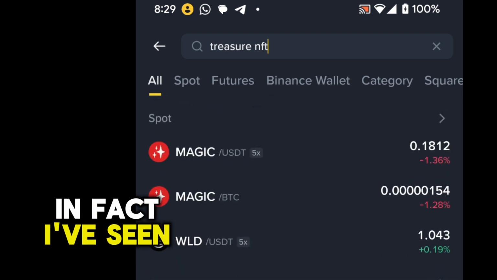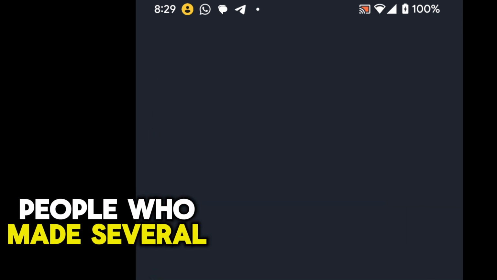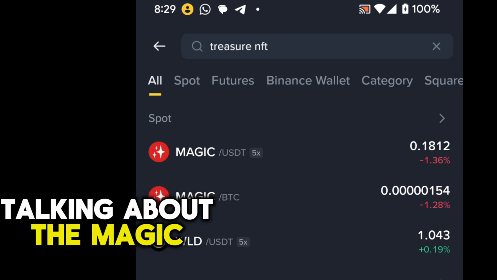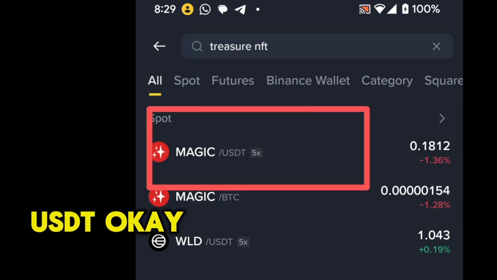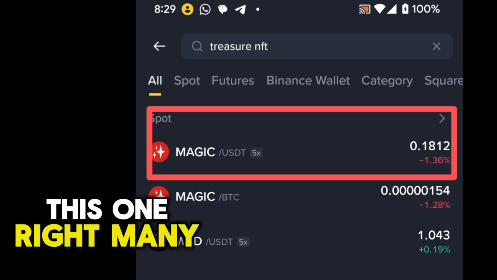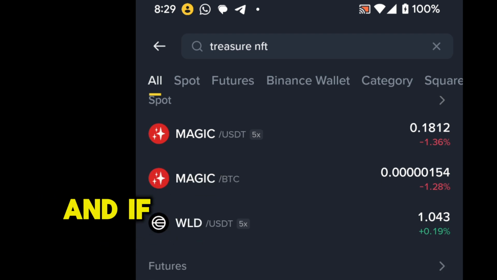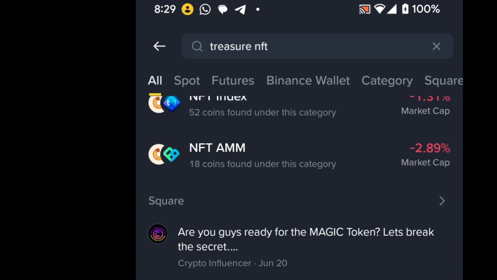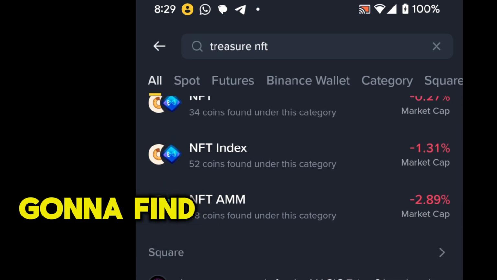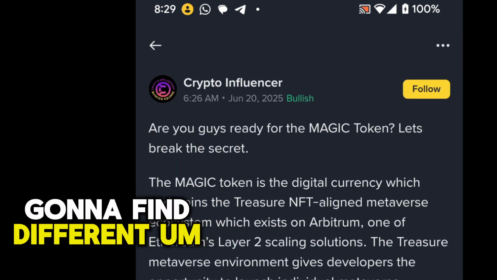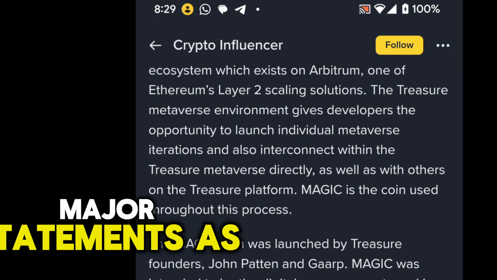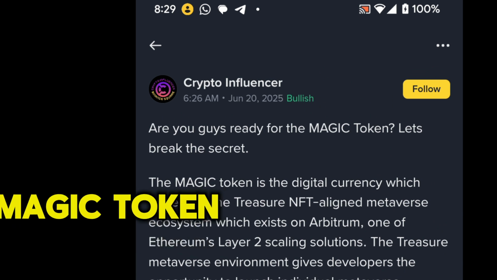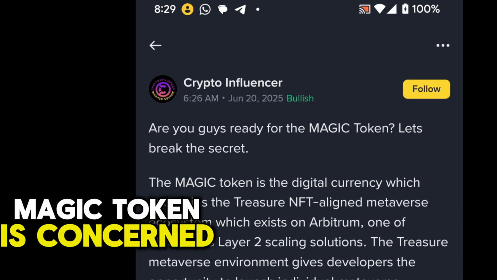In fact, I've seen people who made several posts on different social media platforms talking about the Magic USDT. Okay, this one, right? Many people already talk about this, and if you look at it on Binance Square, you're gonna find different statements and posts as far as the Magic token is concerned.